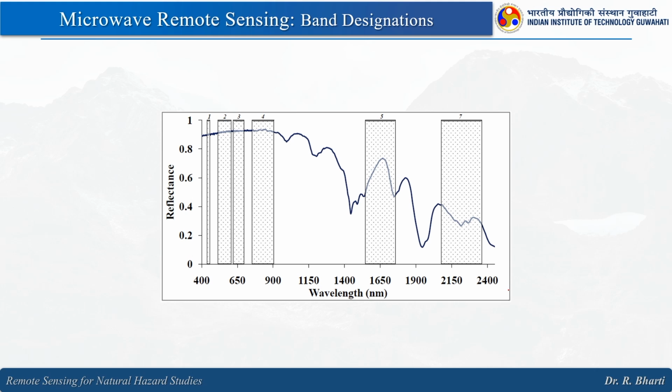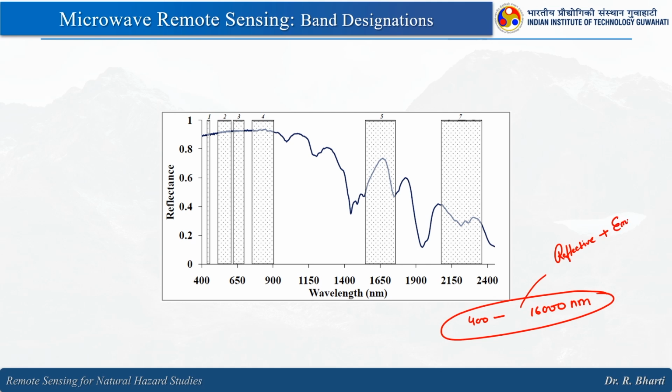Now, referring back to the optical remote sensing, where we had the full domain starting from 400 to 16,000 nanometer, which includes the reflective plus emissive domain, right.